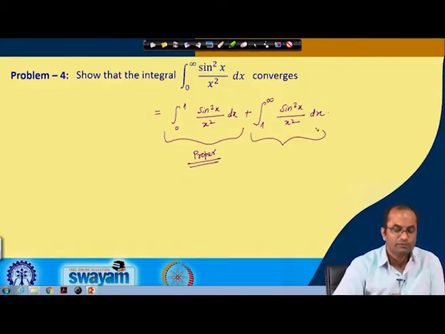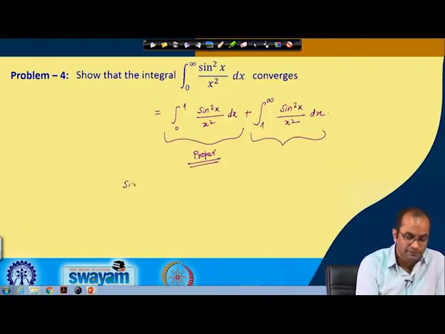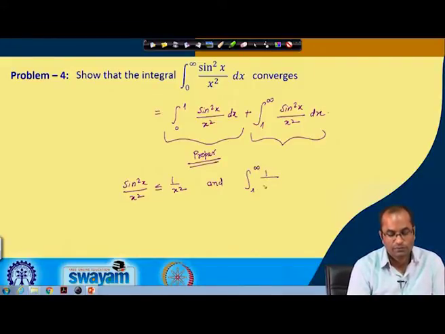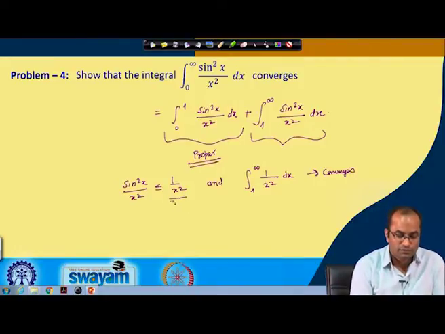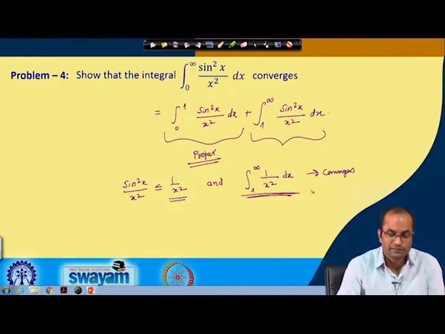The second one now we will discuss, that this also converges, and the reason is clear, because the integrand sin square x over x square is always less than or equal to 1 over x square, and we know that the test integral 1 to infinity 1 over x square dx also converges. So, here this is a dominating integral, because 1 over x square is taking larger values than sin square x over x square, and this integral converges.